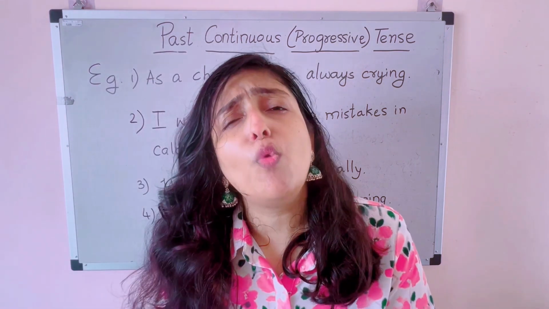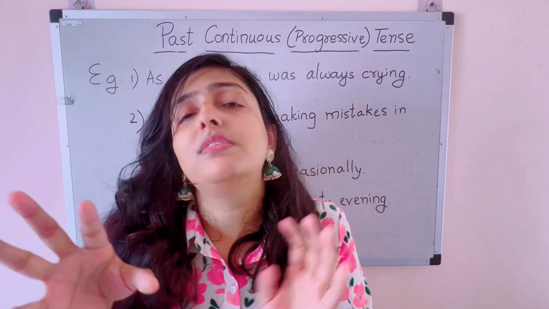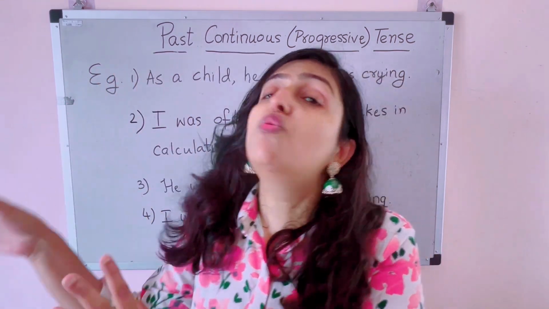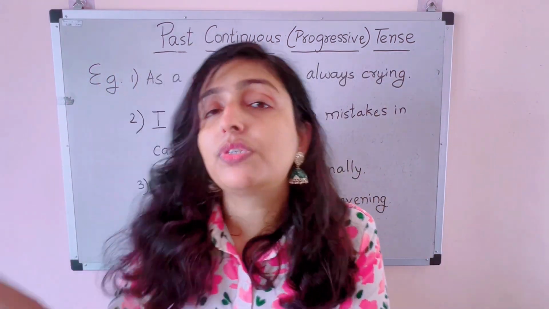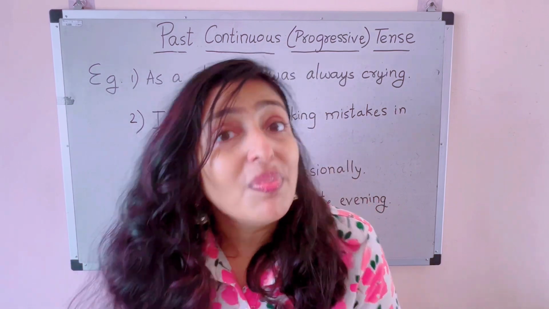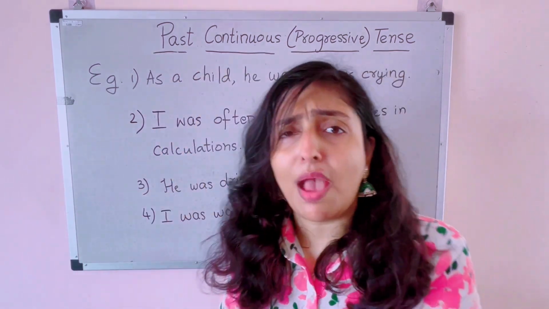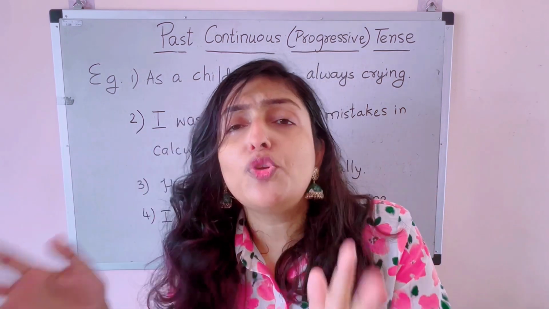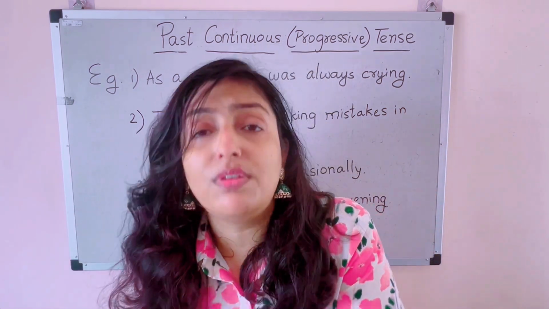Why is it so? Because time period is not important. The action that was ongoing in the past is important. If you see these examples, in all the 4 examples, the situation is temporary.